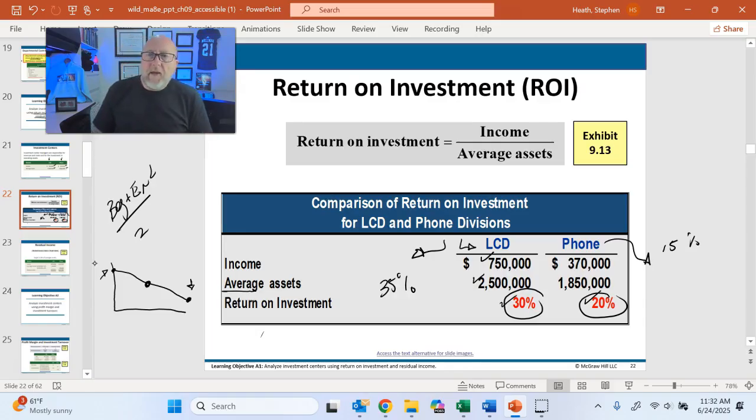I would say, okay, yes, I agree that LCD is outperforming phone within our business. However, LCD is underperforming relative to our competitors, whereas phone is outperforming our competitors. So which one really is outperforming? Okay. I will tell you that you probably need to take a whole lot of other classes in order to answer that question properly.